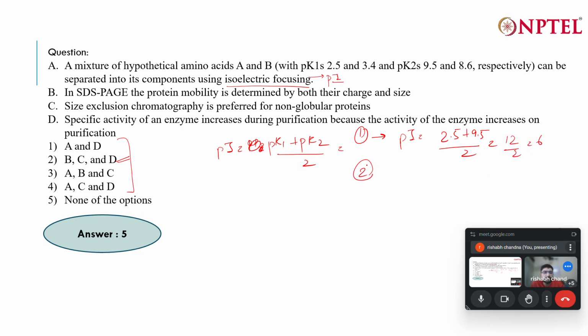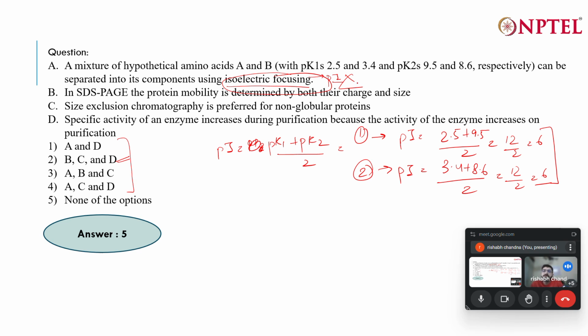And if we check the second amino acid, this also comes out to be 6. So if the two amino acids have the same pI, that means we cannot separate them using isoelectric focusing. So this option goes wrong.